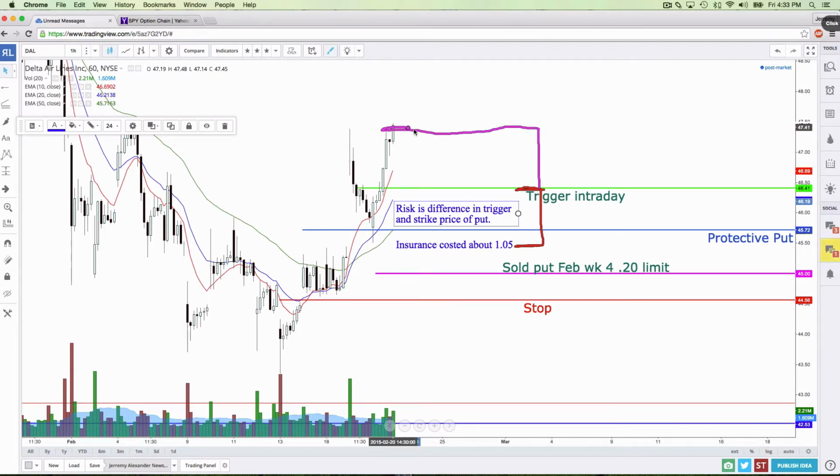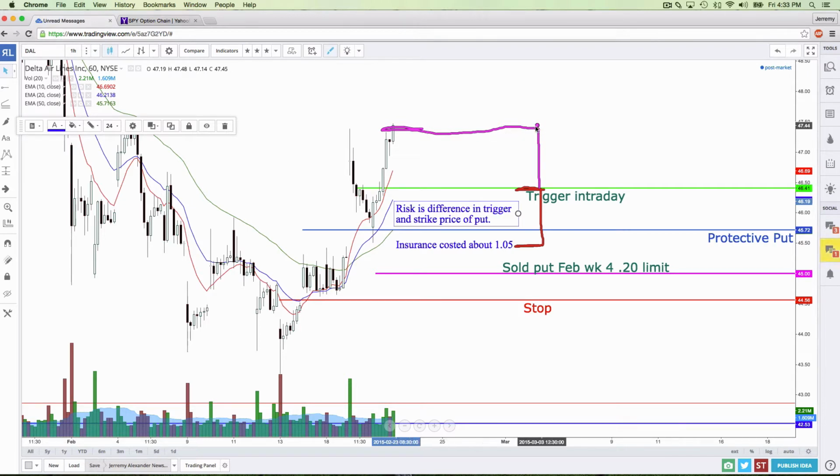That means right now I am breaking even on this trade because I spent $1.05 on insurance. It moved up $1.05 numerically and dollar cost average specification, if that's a word. I am break even so far on Delta Airlines.